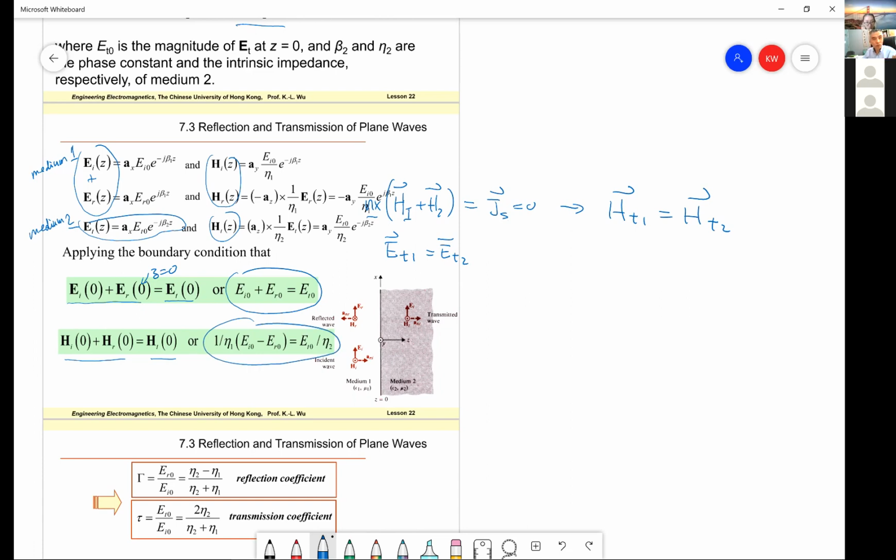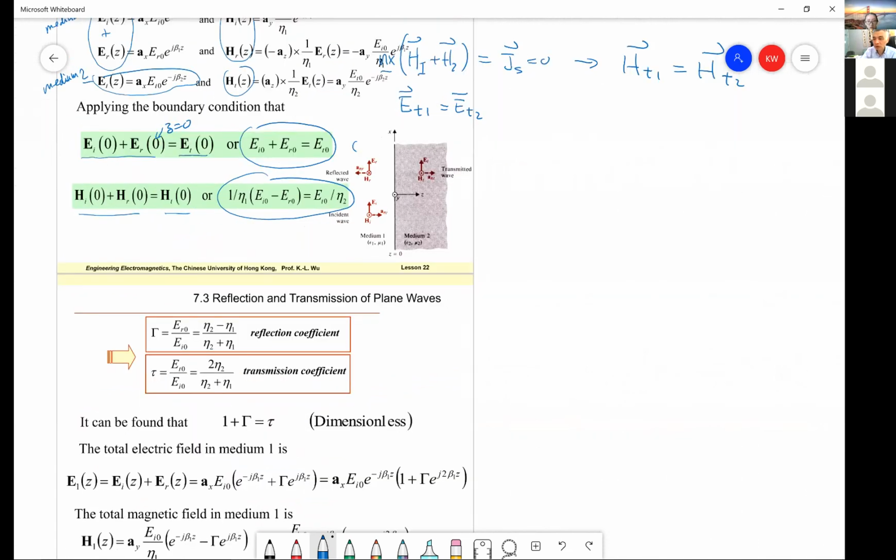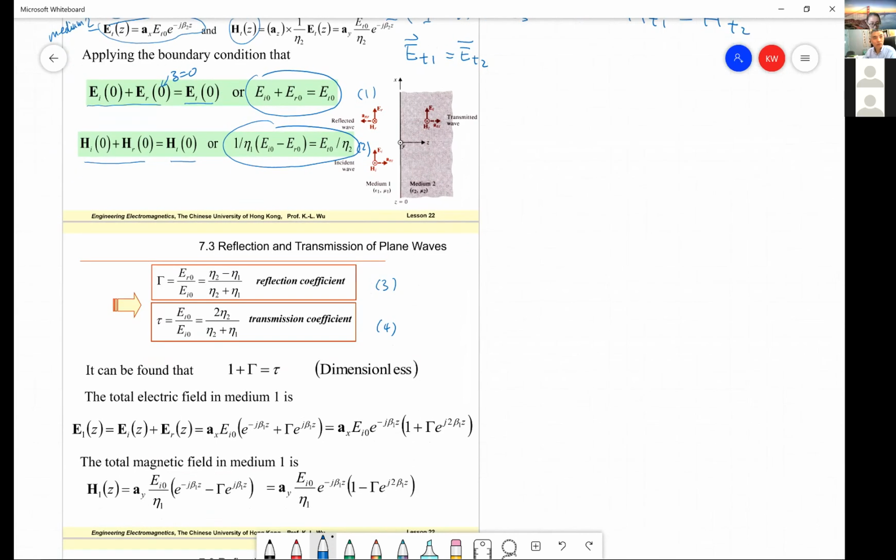And I have a verbal assignment given to our students: from these two simple equations, we can easily derive the two relations.